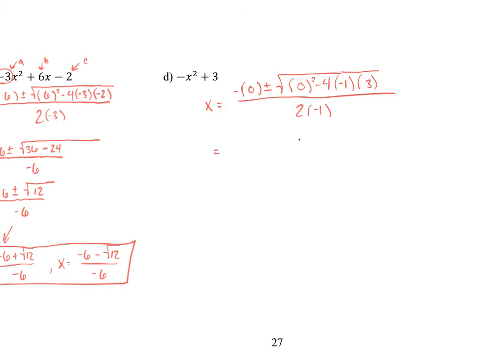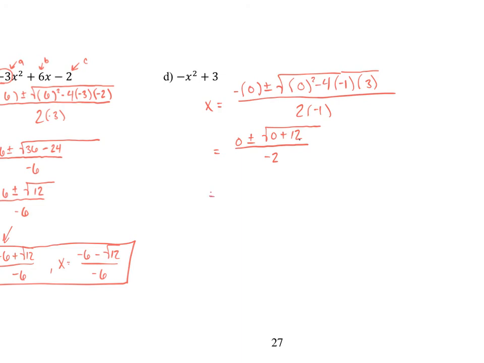All right, negative 0 is 0. Plus or minus the square root of, we have a 0 minus a 4 times negative 1 times 3. So we've got a negative times a negative. That's going to give us a positive. So we're actually going to have a positive number here. So plus 4 times 1 times 3 is 12 all over negative 2.